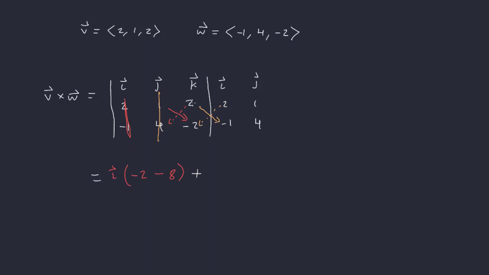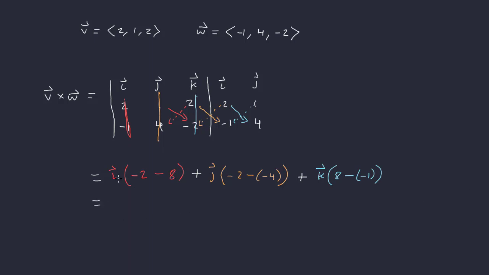So it'll be 2 times negative 1, which is negative 2, minus 2 times negative 2, which is a negative 4. Now we'll move on to the k, which will be the main diagonal, 2 times 4, which will be 8, minus the opposite diagonal, 1 times -1, which will be -1.